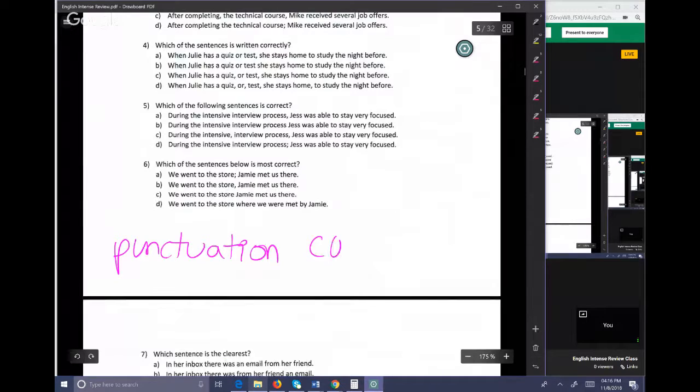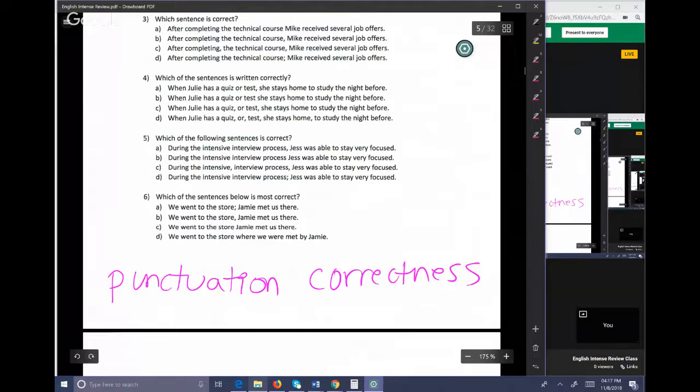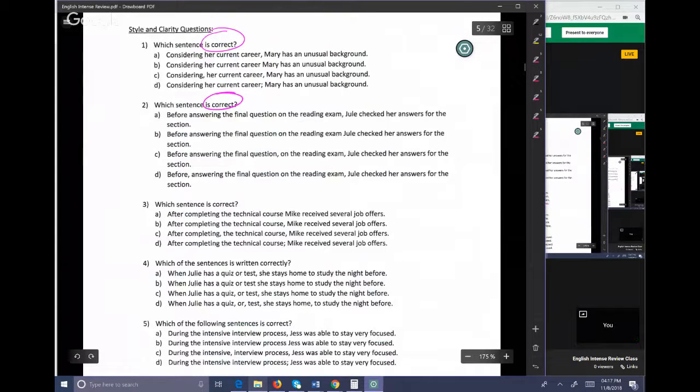So when it says which is correct, they can use their wordings on their questions however they want. So you can never assume just because they ask a question using the word correct that they don't have any other elements to it. For something to be correct, correct is a huge umbrella term. I could say correct to mean pretty much any concept that we've talked about all throughout the English.